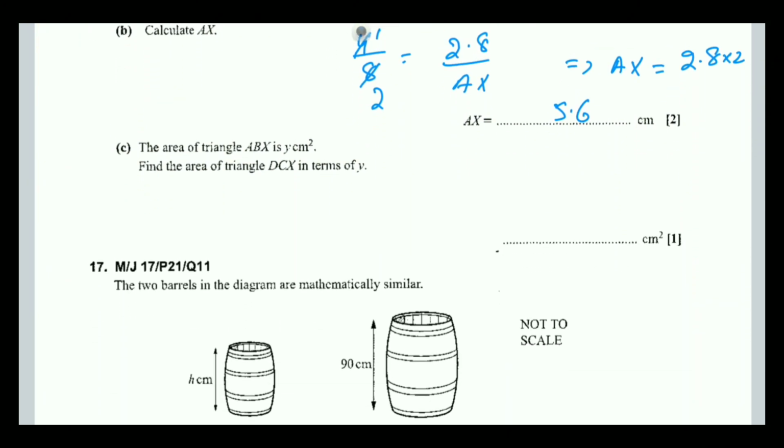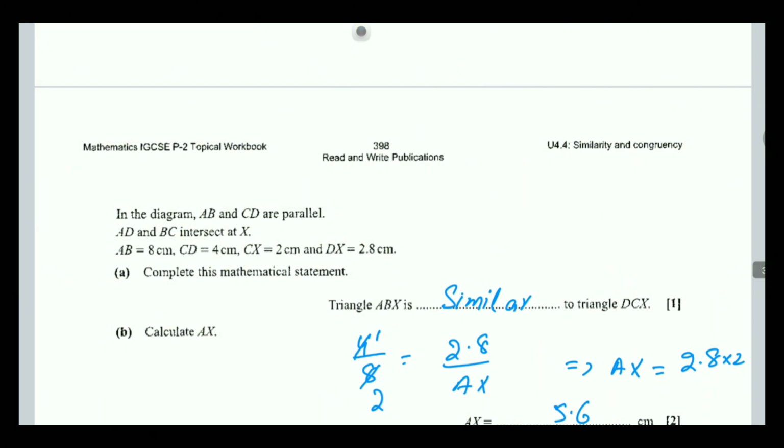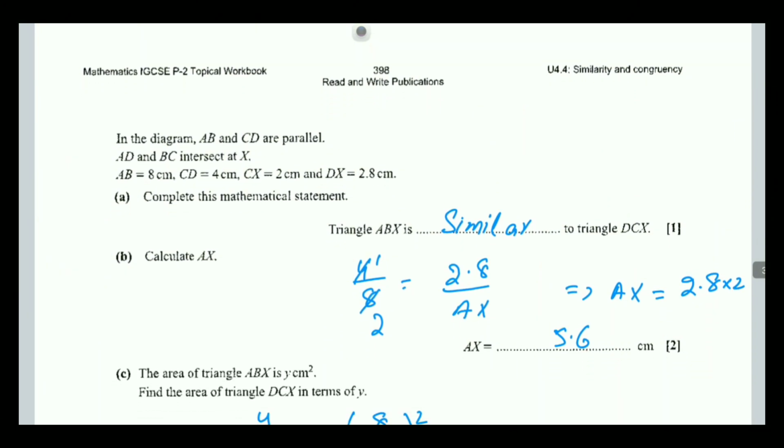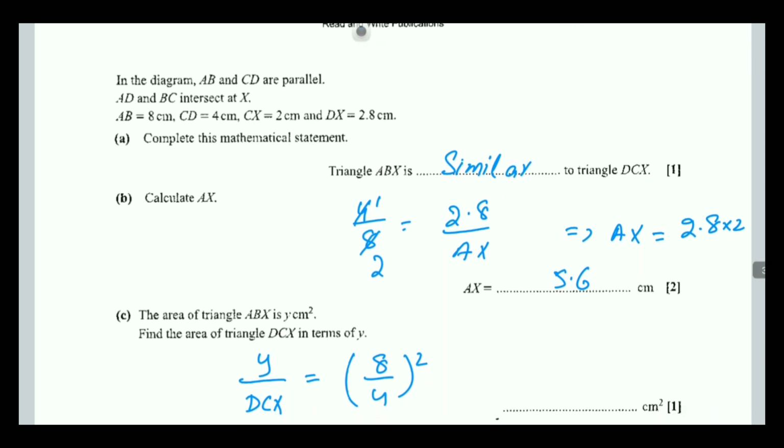C part, area of triangle ABX is y centimeter squared. Find the area of triangle DCX in terms of y. So here y over DCX is equal to 8 by 4 whole square. So you have to use this formula. The area of ABX triangle is y and DCX you have to find.